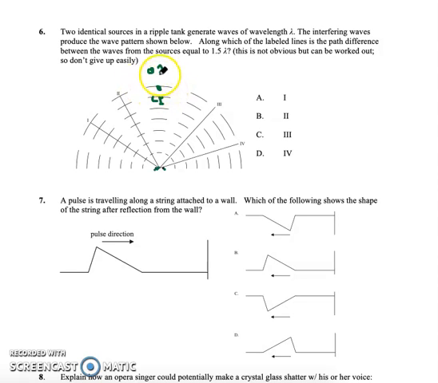If I want the next zone of constructive interference, I want to go to a path difference of 1 wavelength, which means if I go right here, that's a 1 wavelength path difference, or I could say it's right here, 1 wavelength on either side, because the wave from here to here had to travel further than this one. Since we see the crests here, they are amplified, so we know it's constructive interference.